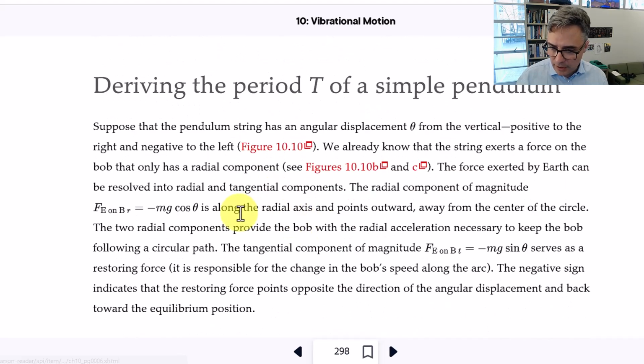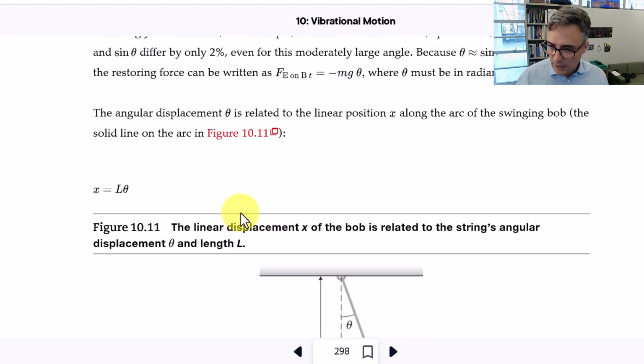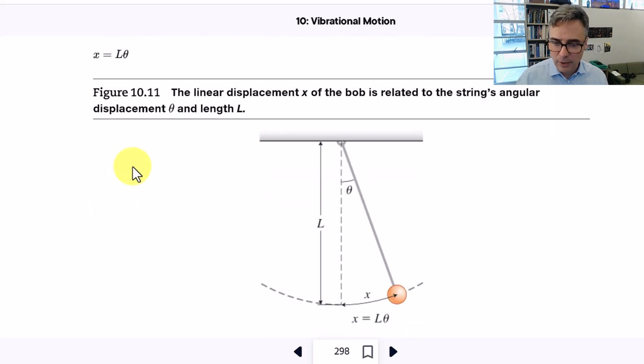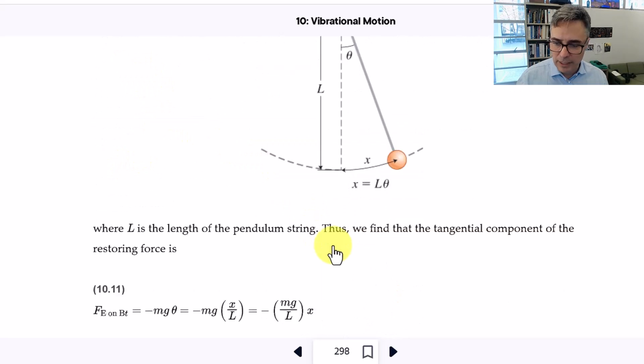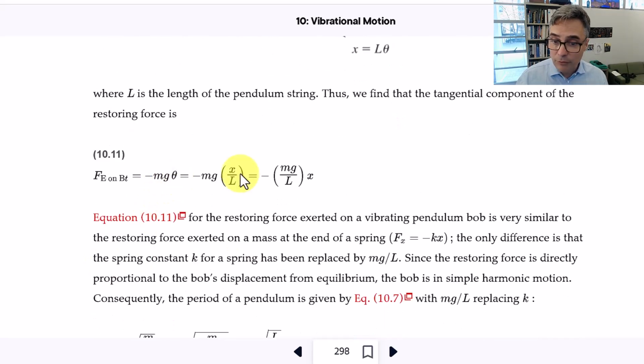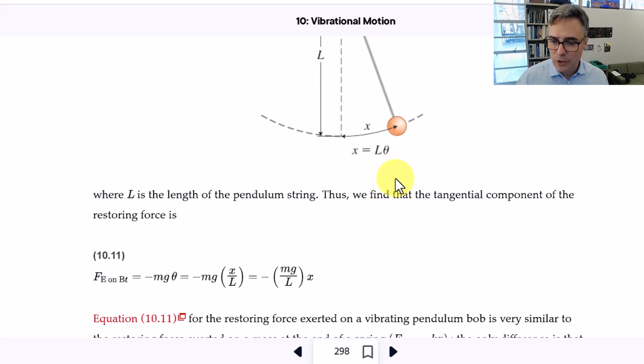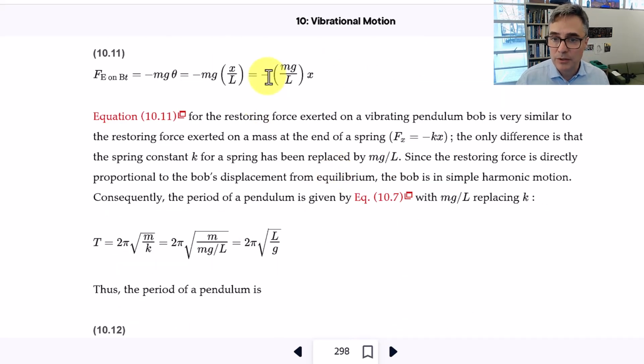But eventually what we do is you say x is equal to L times theta. That's the arc length equation we had before, where theta is measured in radians. And then the force is approximately equal to negative mg over L times x.